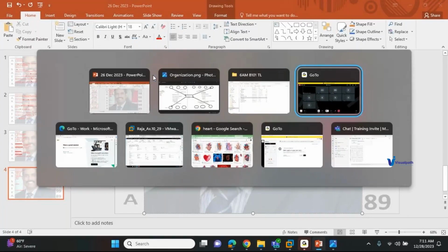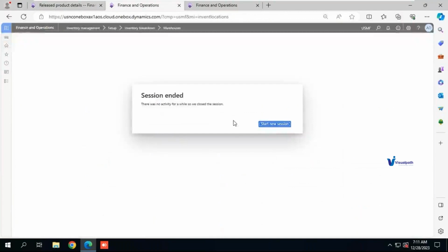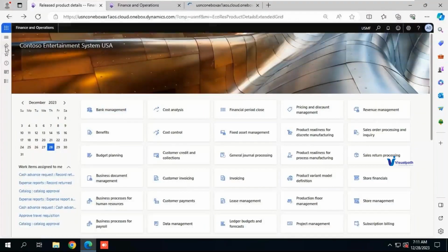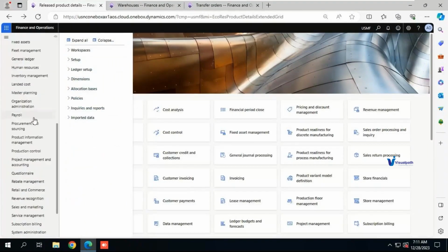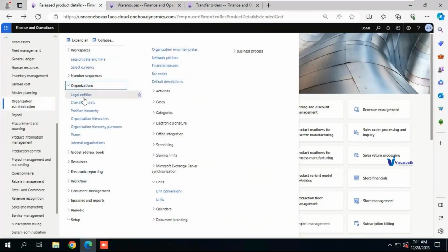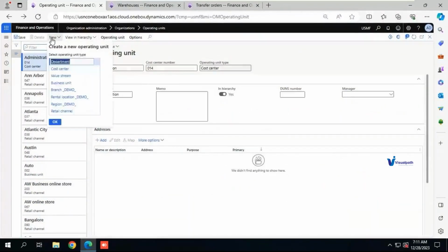These you will find in D365 only, in Organization administration, Organizations, Operating units. Here you will find department, cost center, value stream, business unit, retail channel.